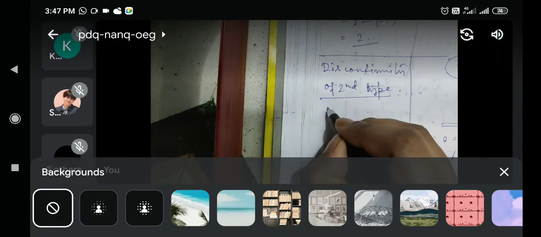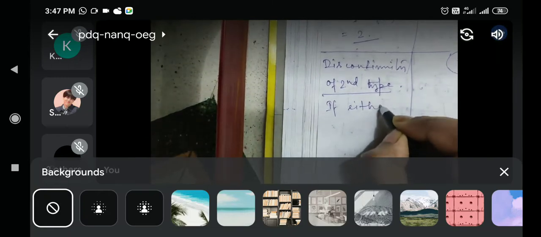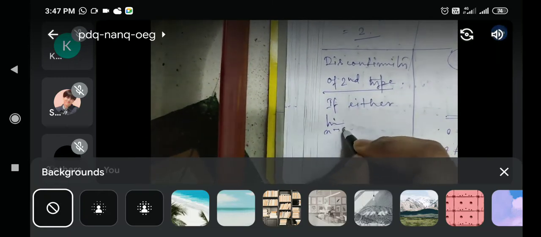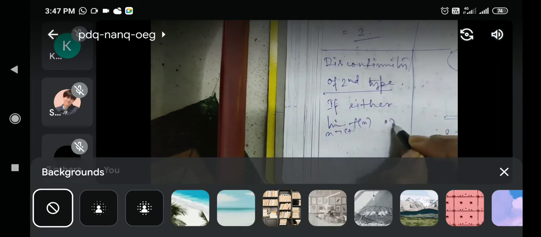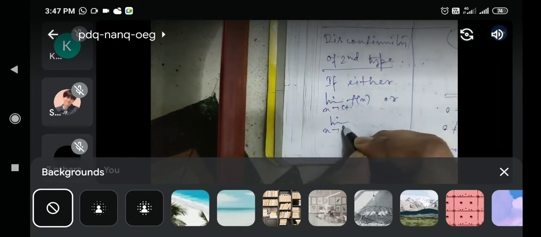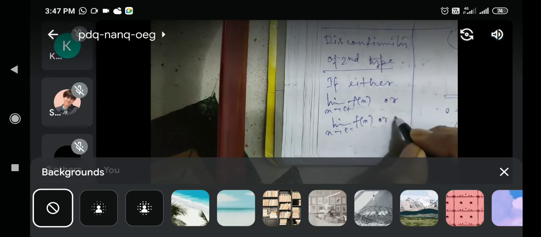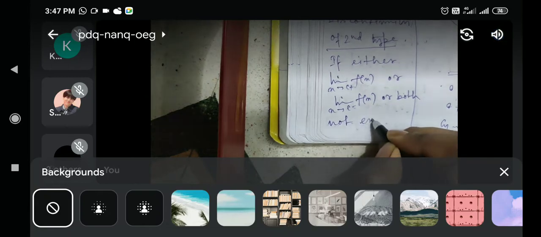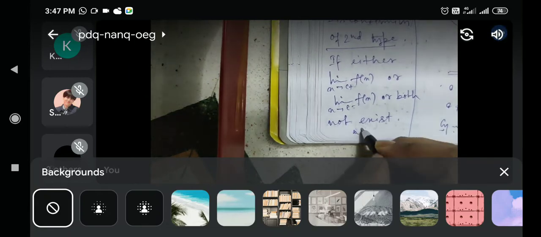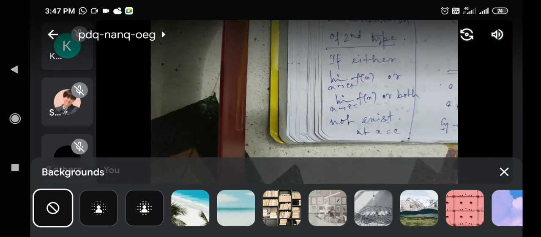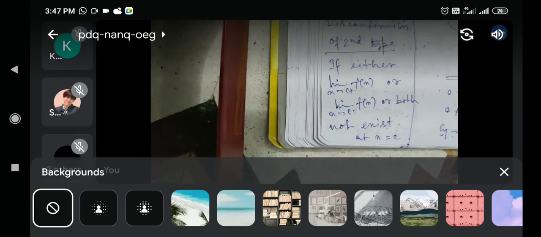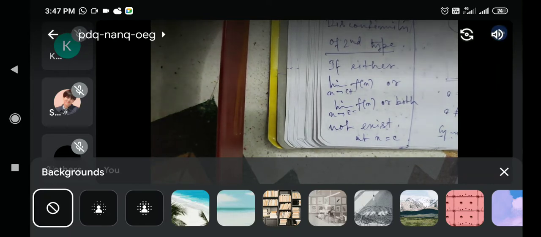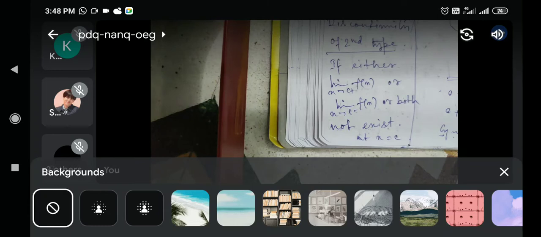Here, if either limit x tending to c plus f(x) or limit x tending to c minus f(x), or both, do not exist at x equals c. That means the criteria is that either the left hand limit or the right hand limit or both do not exist at the point. Then we will say this is a discontinuity of second type.